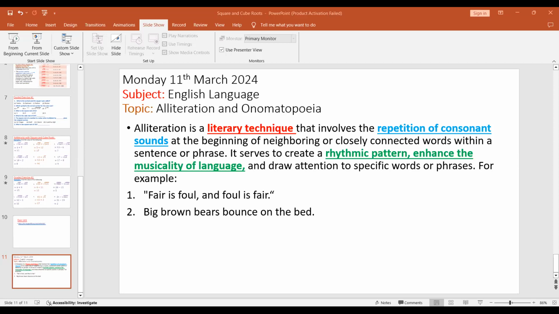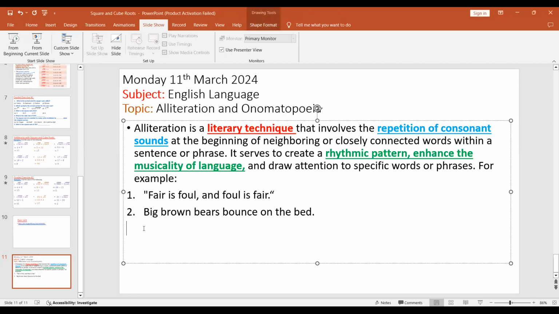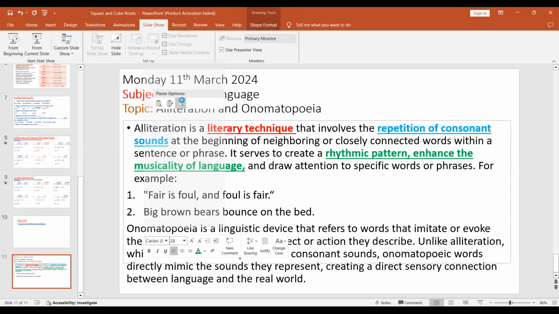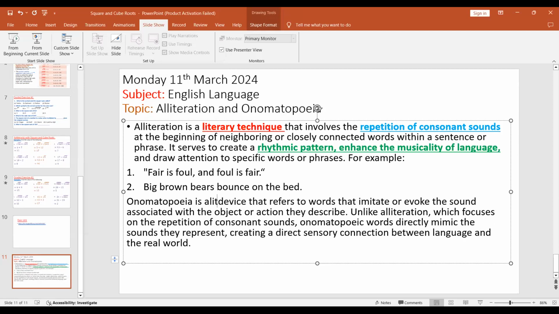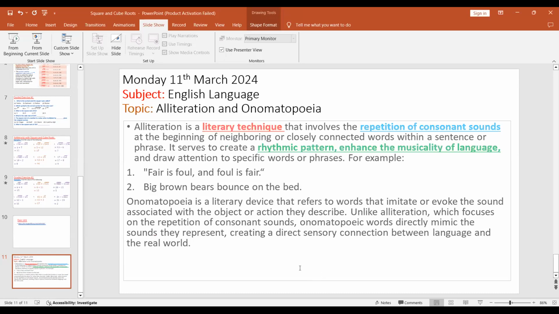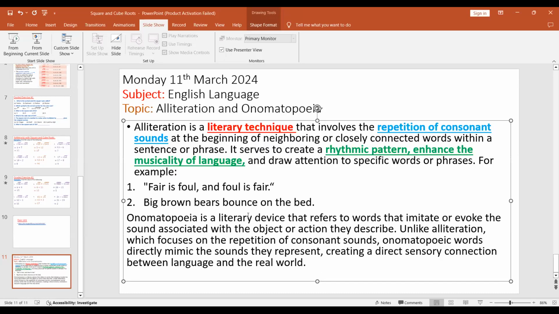So, and then I'm also going to talk about the difference, right? I like the word literary device. It's a literary device that refers to words that imitate or evoke the sound associated with the subject or action being described.